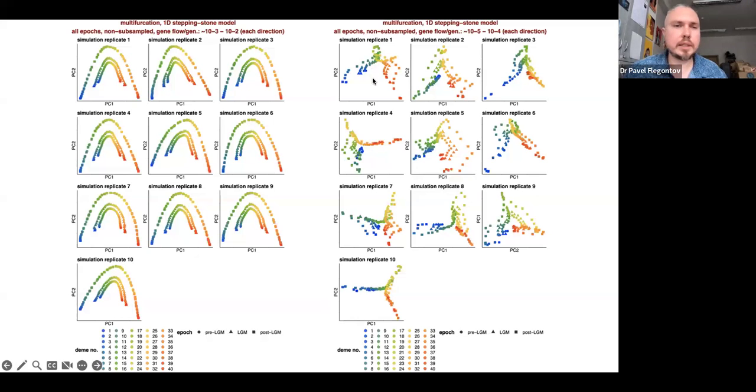And again, I'm combining individuals from various sampling points in time. They're shown with different marker shapes. But the same effects we see if we take only one slice in time.